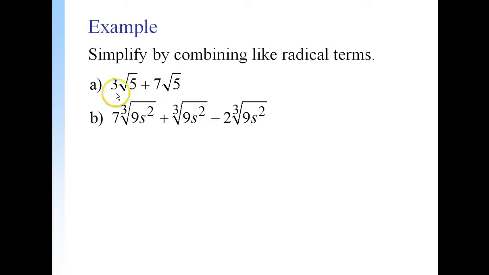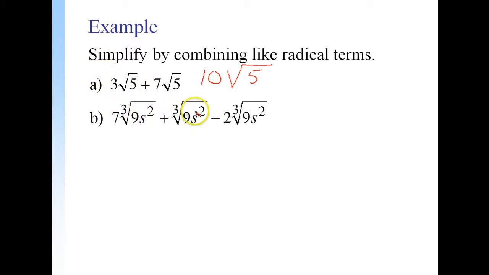And the rule is we just add the numerical coefficient of the radical, which in this case is 3 and 7. So this will give us 10 square root of 5. So the radical part stays the same. Here we're just adding the numerical coefficient of it.